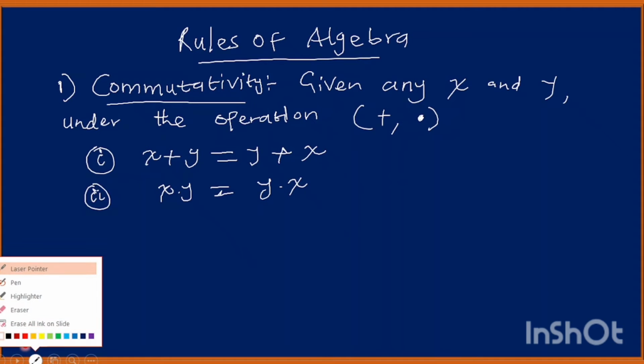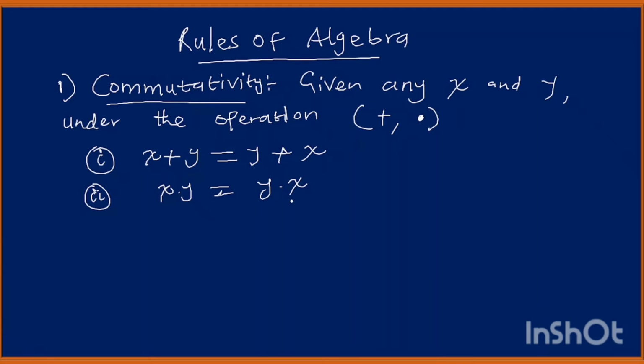So let us choose arbitrary numbers and see how true that is. Say x is equal to 3, I'm choosing any number of my choice, and y is equal to 2.